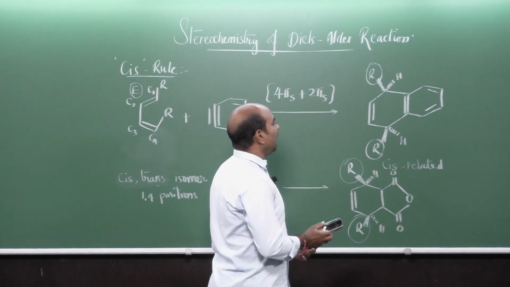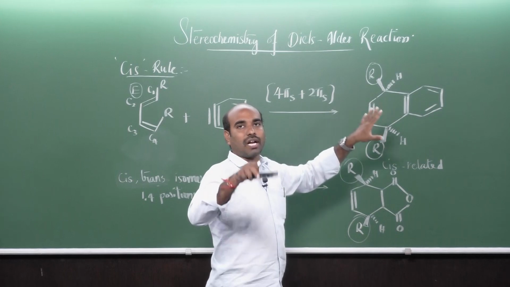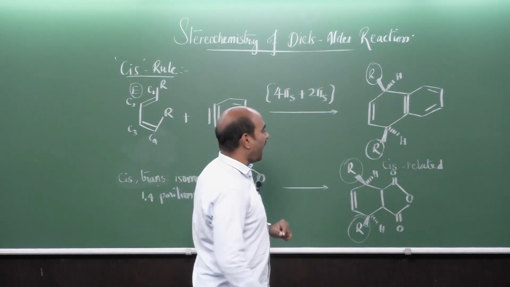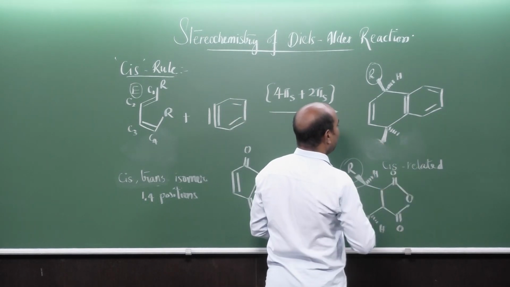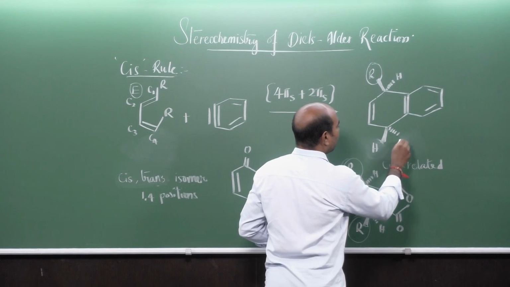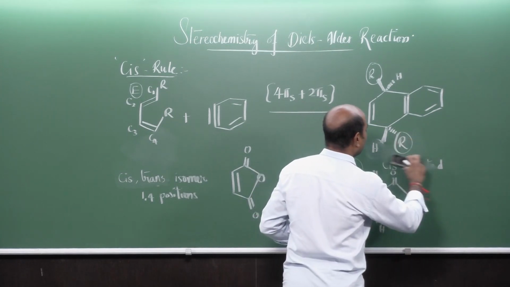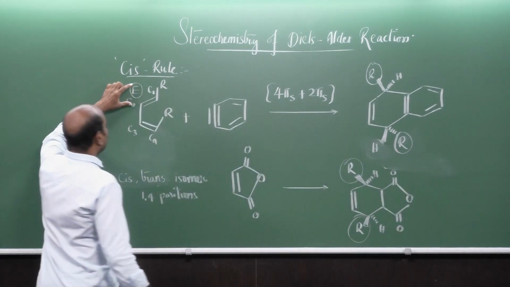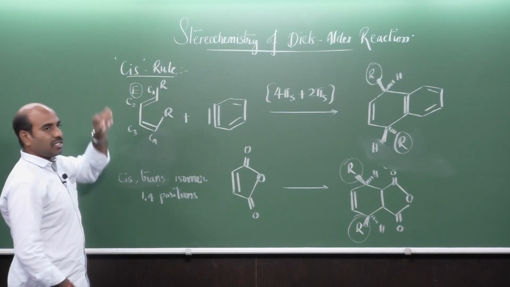Then the relationship between the substituents at 1 and 4 positions after converting itself into the cyclic adduct molecule is trans. That means you will be able to see the R groups in trans relationship. When is it happening? When the double bonds are exhibiting trans and cis stereochemistry.